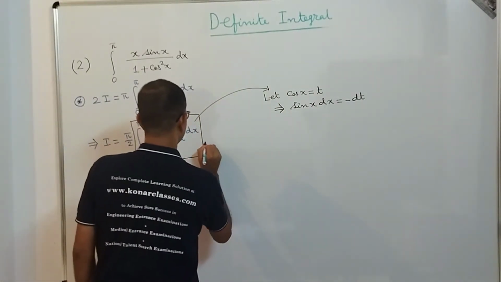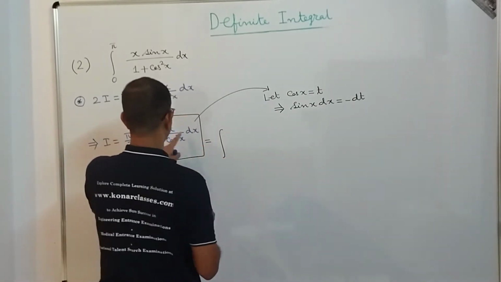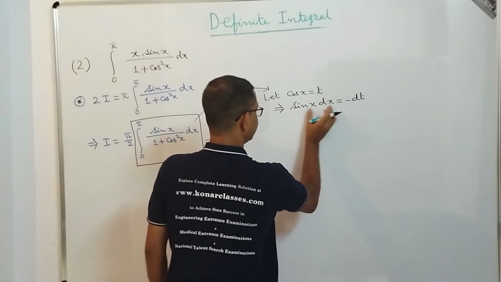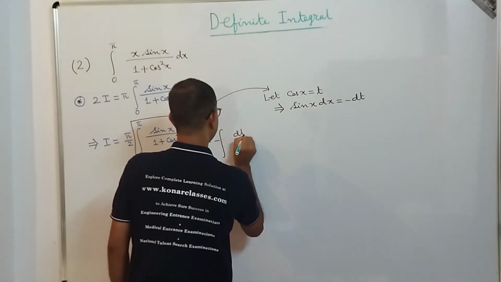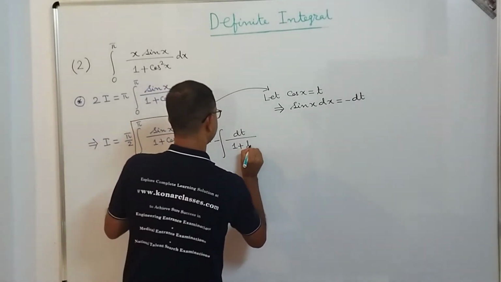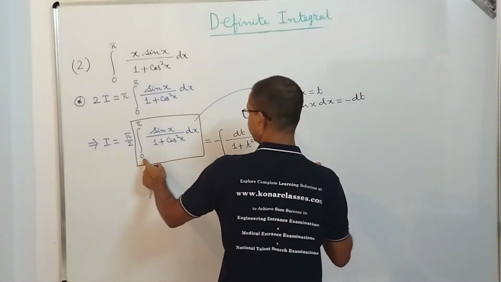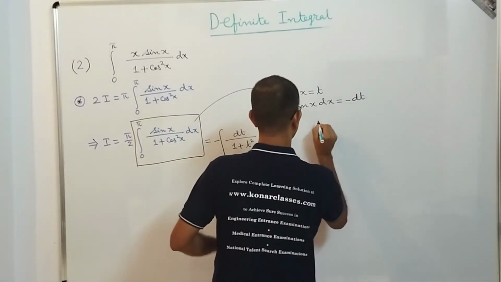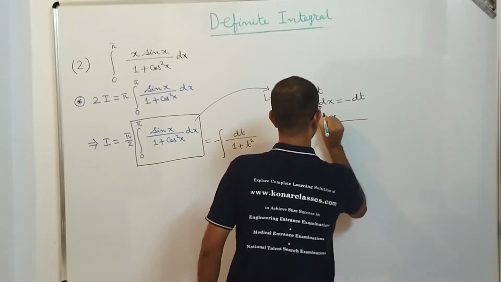So then this integration will become what? Sin x dx becomes minus dt. So we bring that minus here, dt by 1 plus cos square x, that means 1 plus t square. Now the limit we need to change. This limit is for the variable x, 0 to pi. So let's change this limit from x to t.